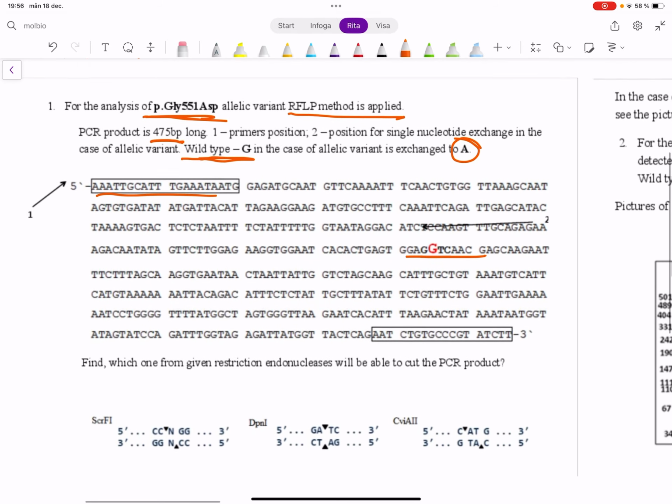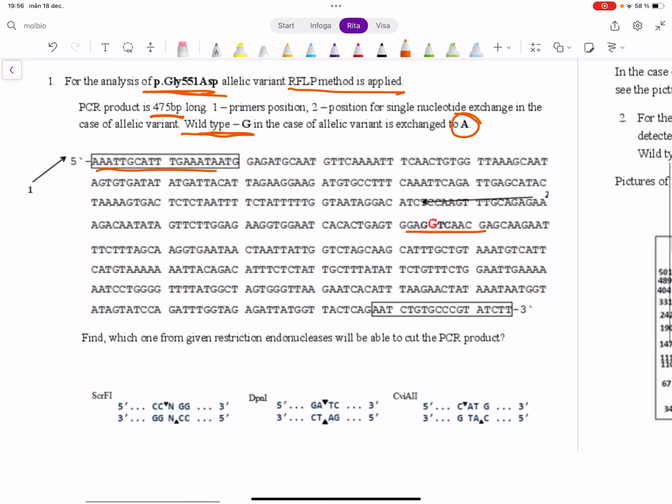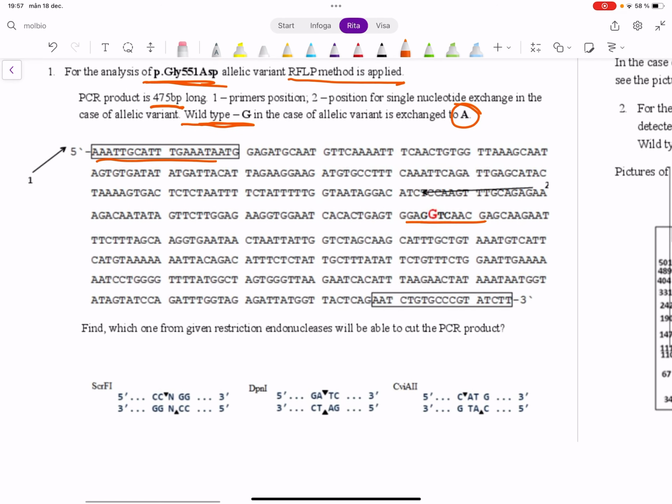Now when we use RFLP, we use an enzyme to cut the DNA in the place where we think there might be an allelic variant, or we could cut a wild type. But let's just follow this protocol and try to answer the questions.